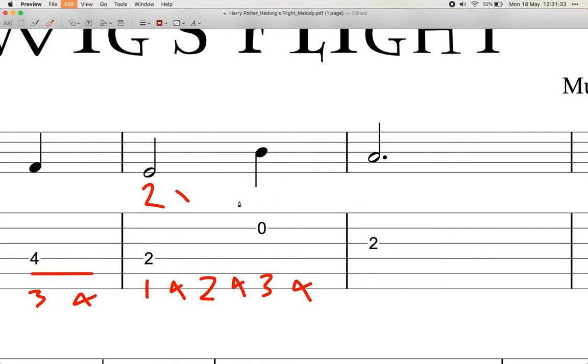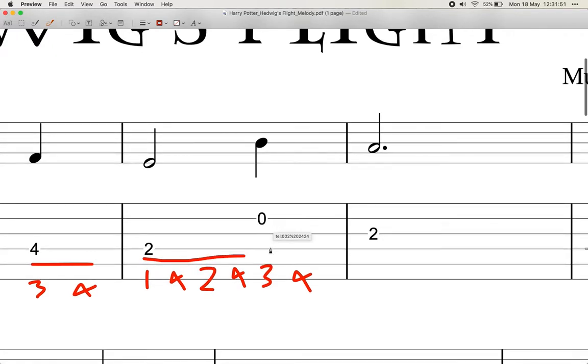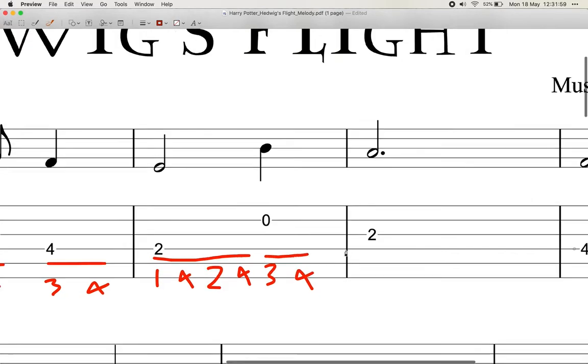So this one lasts for 2 beats, which is the same as 4 halves. So we're going to count 1, 2, 3, 4, and this is going to last for all of those. All right. And then we've got another crotchet or quarter note, which goes for 2 half beats. So that one lasts for these ones. Okay.